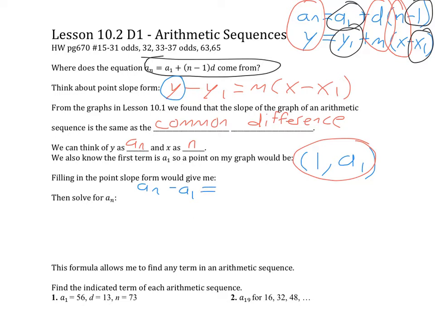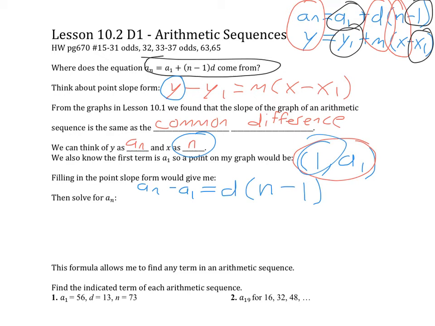We said that the slope m is the common difference d. We said that x is like n. And x1 is the x-coordinate of a point we know, so in this case 1.